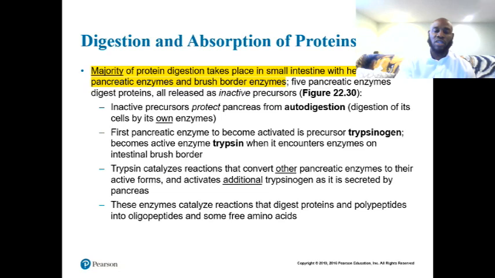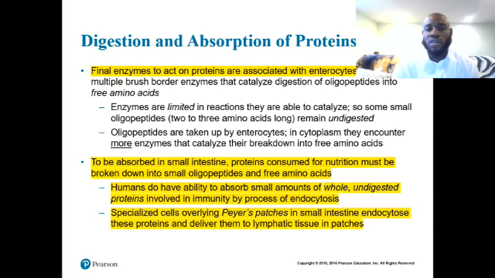So you have some digestion of proteins in the stomach and then also in the duodenum of the small intestines. The final enzymes that act on proteins are associated with enterocytes. There are multiple brush border enzymes that catalyze digestion of oligopeptides and free amino acids. Remember, we're just going to break them down.